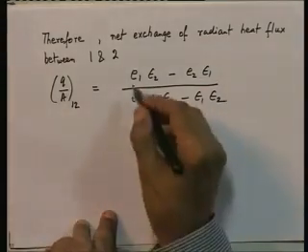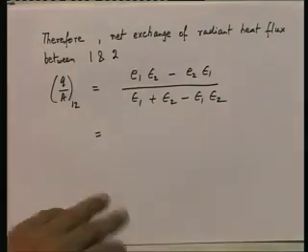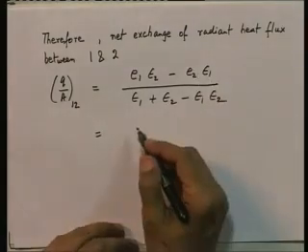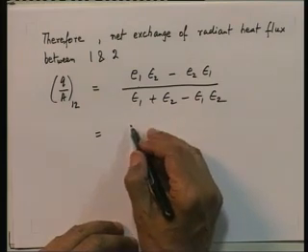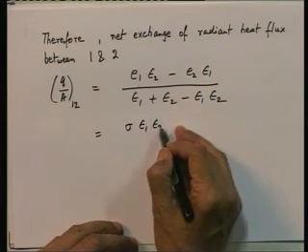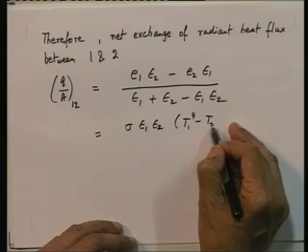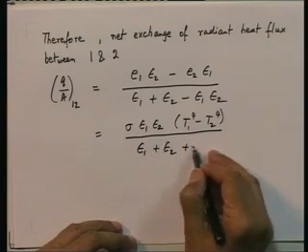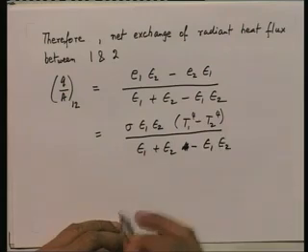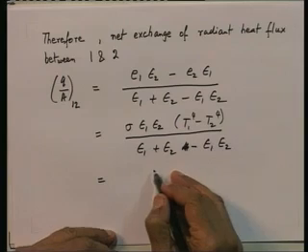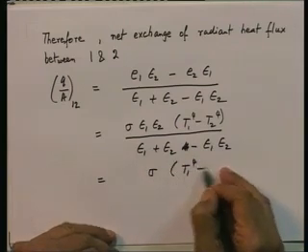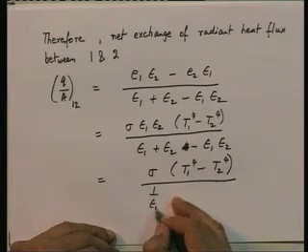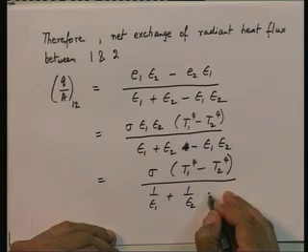epsilon 2. And now, if I write the full expressions for E 1 and E 2, that is epsilon 1 into sigma into T 1 to the power of 4 and epsilon 2 into sigma into T 2 to the power of 4, I will get this is equal to sigma epsilon 1 epsilon 2 (T 1 to the power 4 minus T 2 to the power 4) divided by epsilon 1 plus epsilon 2 minus epsilon 1 epsilon 2, which I can write further as sigma into (T 1 to the power of 4 minus T 2 to the power of 4) divided by (1 by epsilon 1 plus 1 by epsilon 2 minus 1).